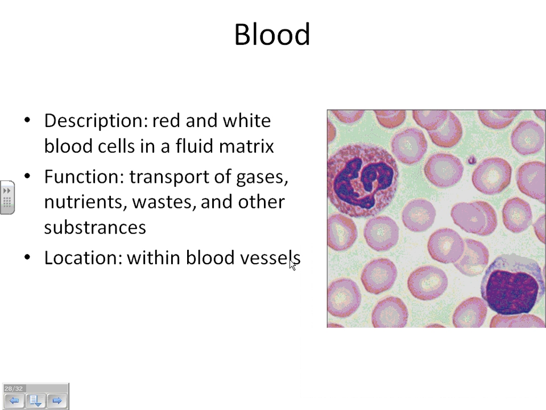Blood. When I look at this picture, what do I see? Perfectly clear ground substance or matrix, right? Cells, which are called blood cells. There's red blood cells. Those are the pink ones. And then the white blood cells are those big old cells. We'll talk more about those in A&P too. What does our blood do for us?